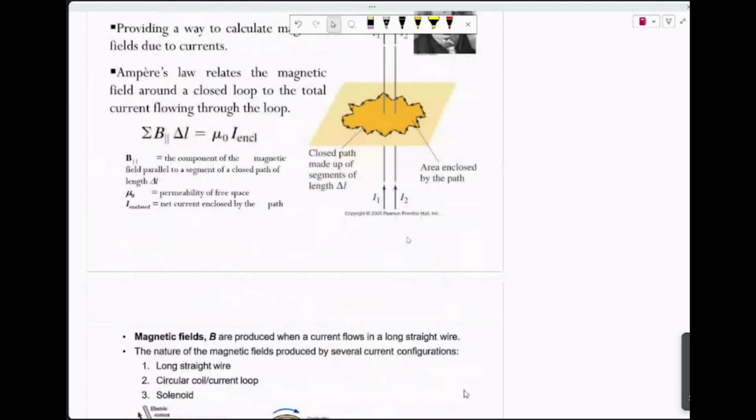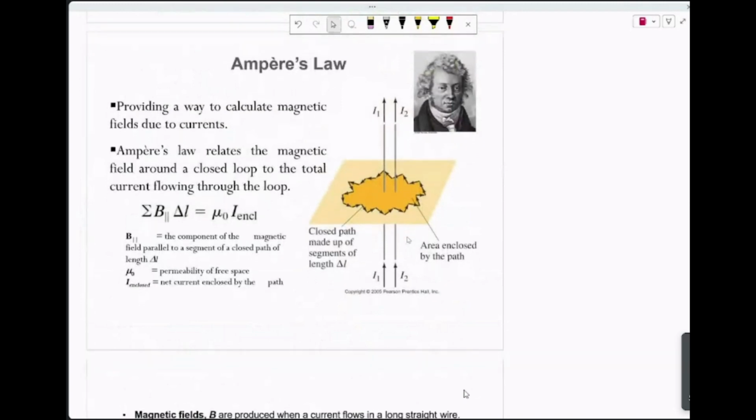So I already explained this one regarding Ampere's law, how the closed integral leads you to a value. The closed integral of a magnetic field: you are given a magnetic field, you multiply this magnetic field strength with the particular length, and then sum the whole operation until you reach back to this particular point.